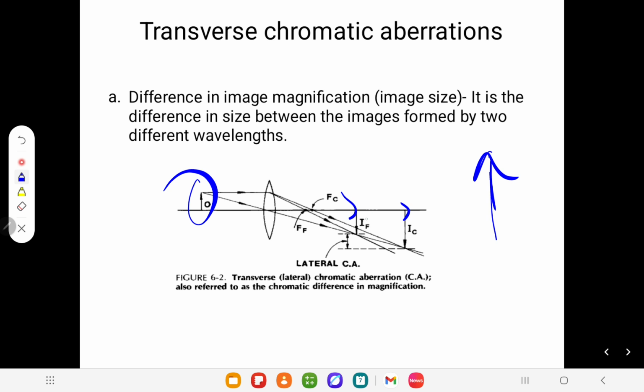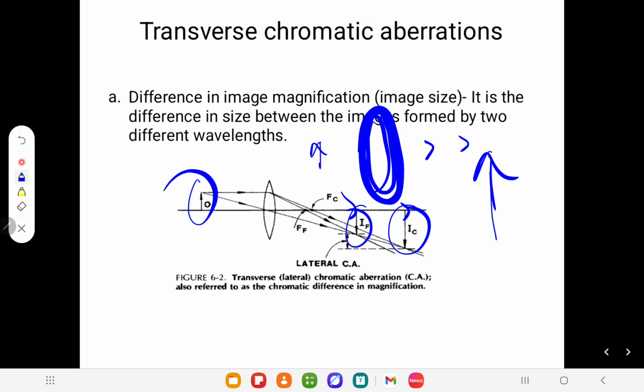For example, the image height of the blue color is smaller and the image height of the red color is larger. See, in chromatic aberration the object is always one, but the image has different colors, isn't it? Because there is a dispersive material, which is the lens. So the lens disperses white light into different colors.